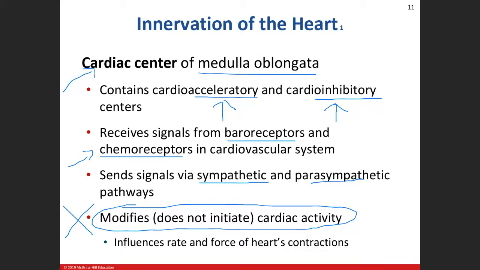It can make the contractions more powerful, more forceful. So it will influence the rate and the force of the heart contractions. It's the sympathetic that does both of those. The parasympathetic will only slow the heart rate down. Okay, we good so far?